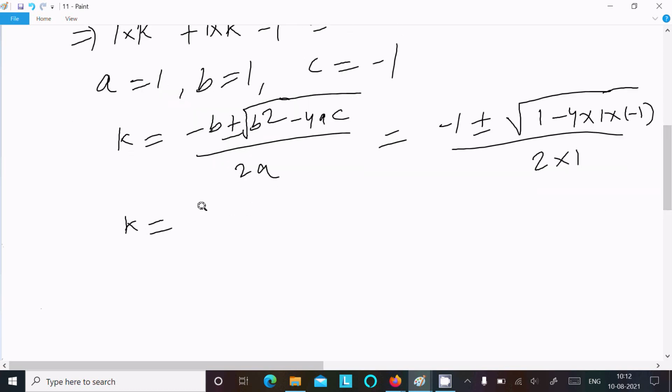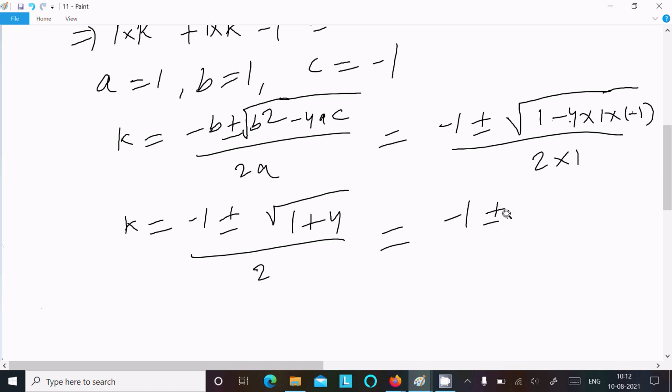So k equal to minus 1 plus or minus root of 4 times 1, which is 4, plus 1 is 5, divided by 2.